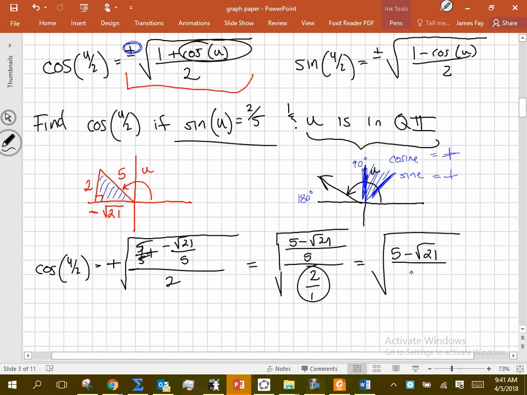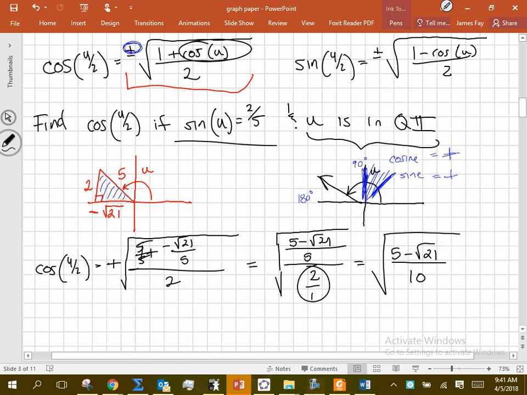And that's going to give me 10. And that's really as far as you can go, because there's not a perfect square that divides 10 evenly or anything like that. You could maybe rationalize it, because you know that that's root 5 minus root 21, multiply on top and bottom of my radical 10, but I don't see a benefit of doing that in this context. So that's our value.